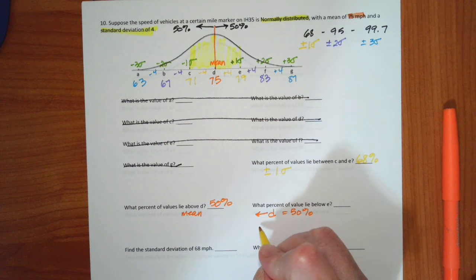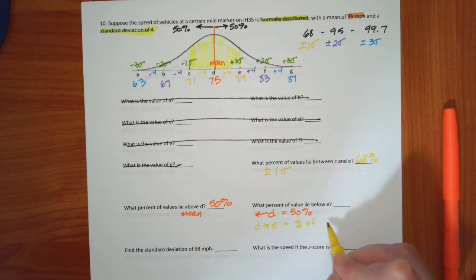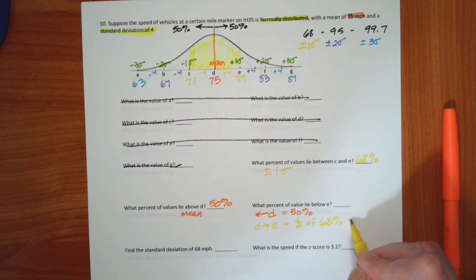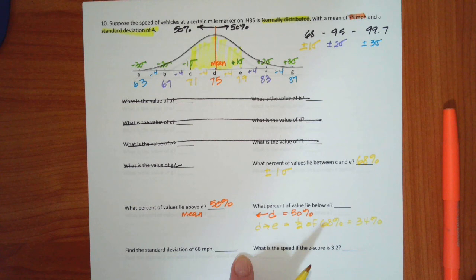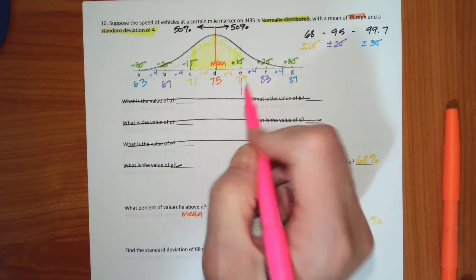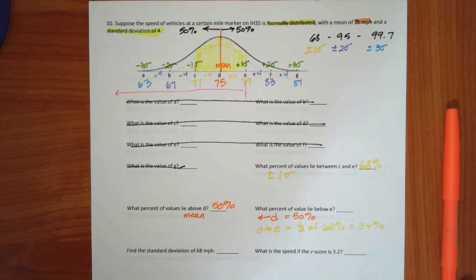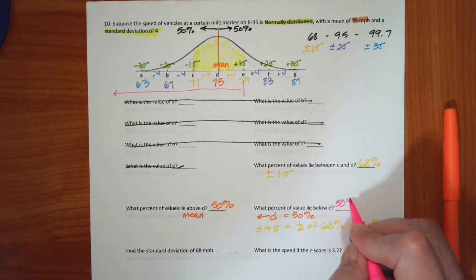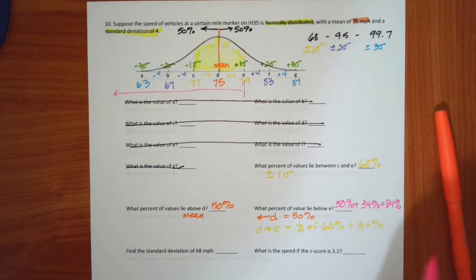Well, I also know that from D to E is half of the 68%, which is 34%. So what I'm really looking at here is from this value all the way over, it's going to be the 50 plus the 34, which is 84%.